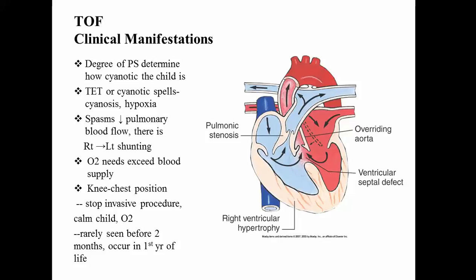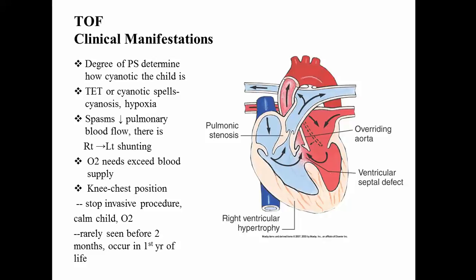It will determine the degree of your cyanosis, how severely cyanotic they are. Some infants may be severely cyanotic at birth, and some may have mild cyanosis that may progressively get worse in the first year of life as the pulmonic stenosis worsens. You're definitely going to hear a murmur.